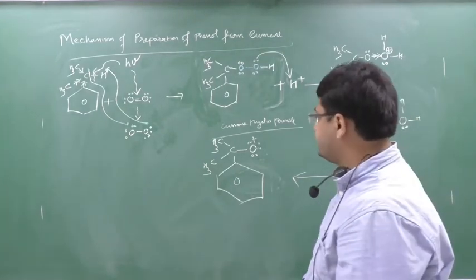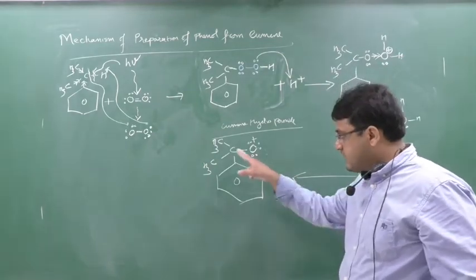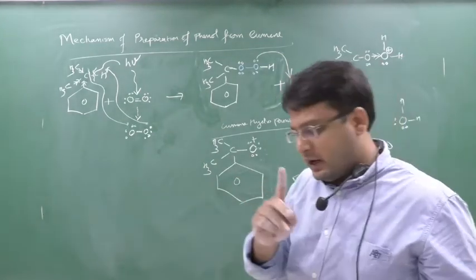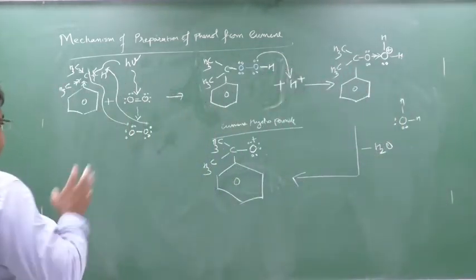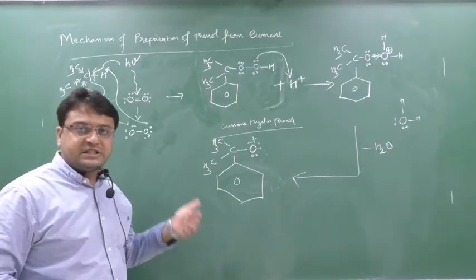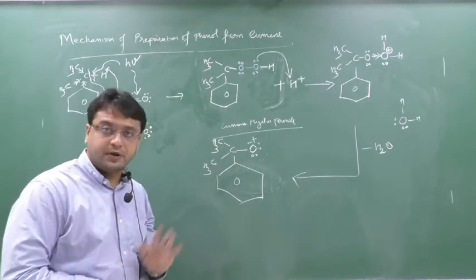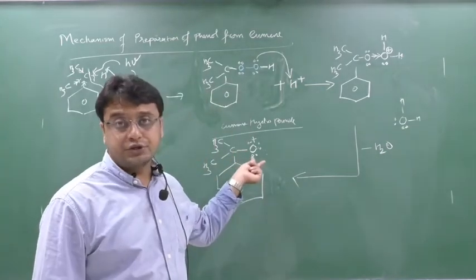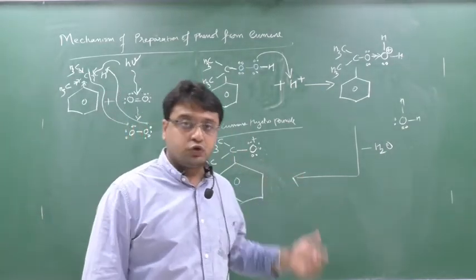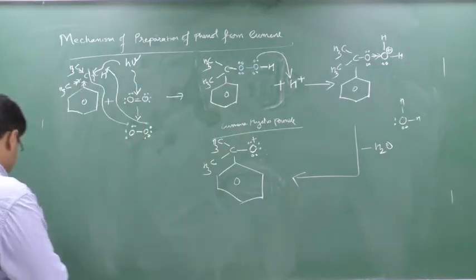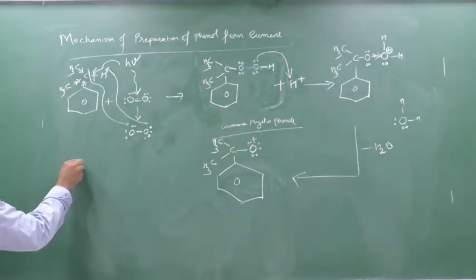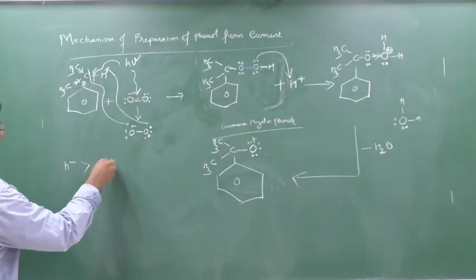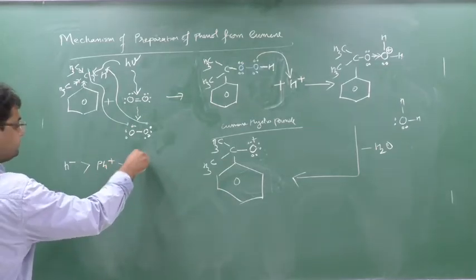So there are two positions here. When this type of situation arises, in your general organic chemistry you have studied shifting, methyl shifting, someone has to shift to satisfy this oxygen. Someone has to shift. So you remember one priority. The priority says H minus, phenyl cation and CH3 plus.